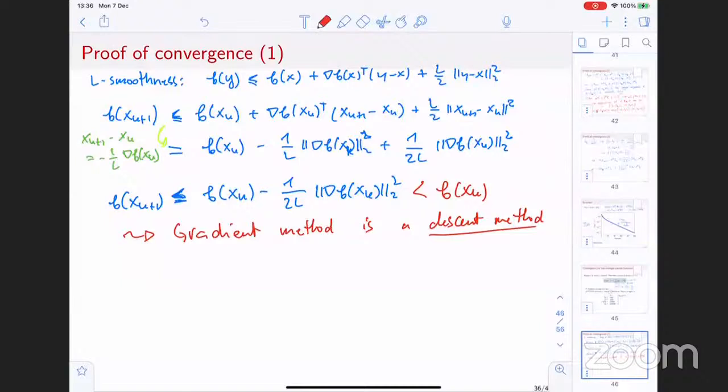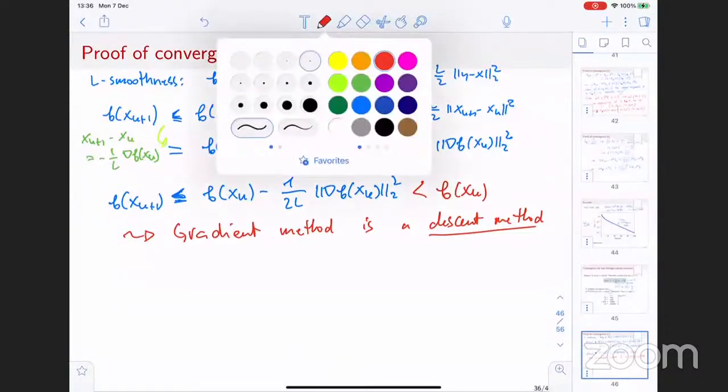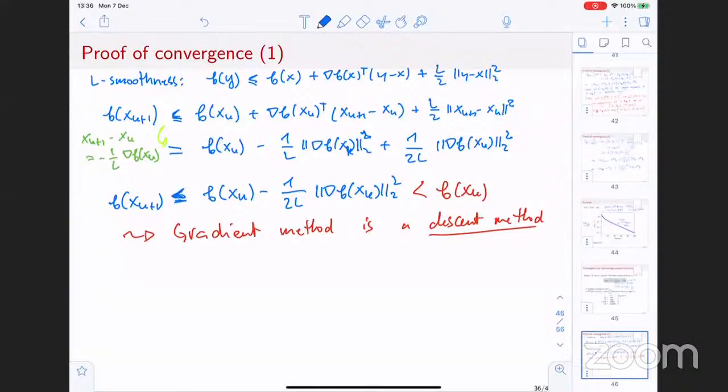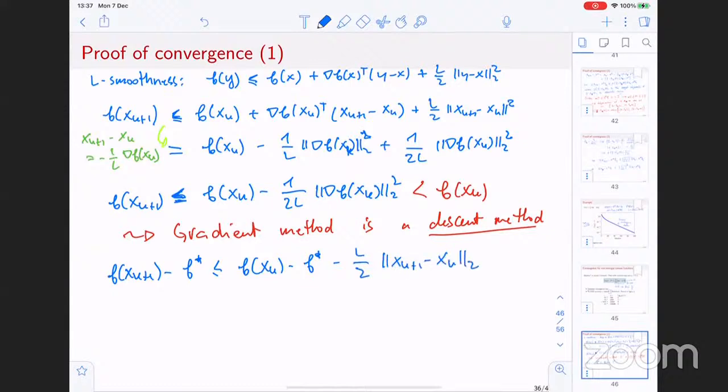This is important. Now let's go back to the proof. I'm interested in bounding the difference f of xk minus f star. So I can write f at xk plus 1 minus f star is less than f at xk minus f star, and then I will also write minus L over 2 times the norm of xk plus 1 minus xk squared.